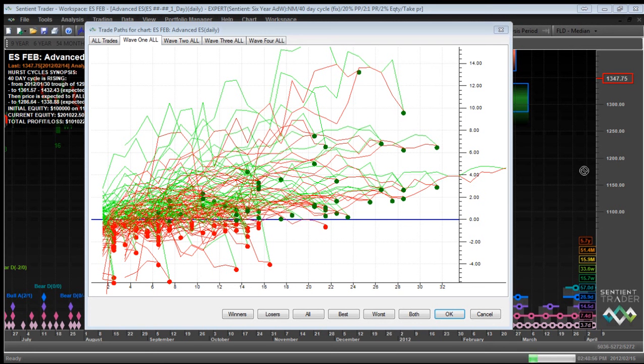Okay, question from William. Is it possible to average the favorable excursions and the adverse excursions? No, it's not possible at the moment, but that would certainly be a good idea.